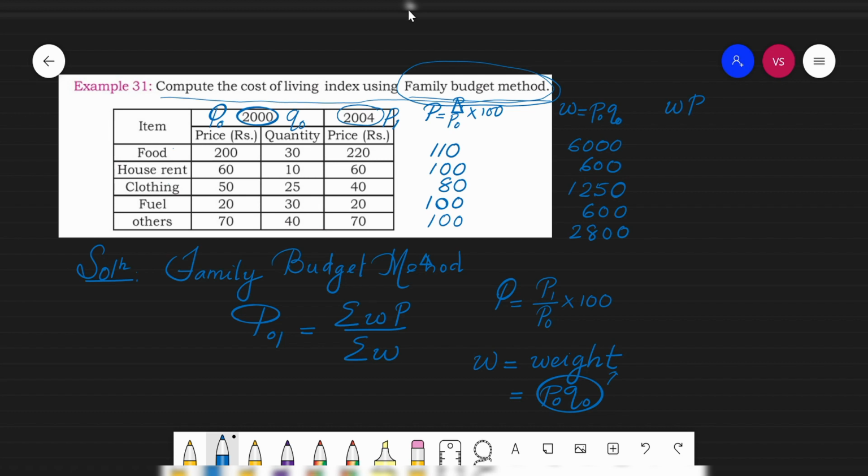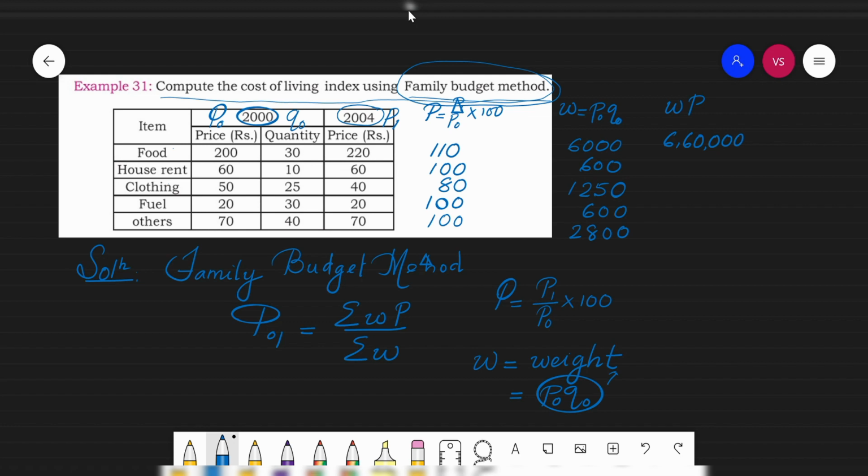Then we multiply with P. That is 6,000 into 110. So the answer is 6 lakhs, 6,60,000, students. This is the answer we get.